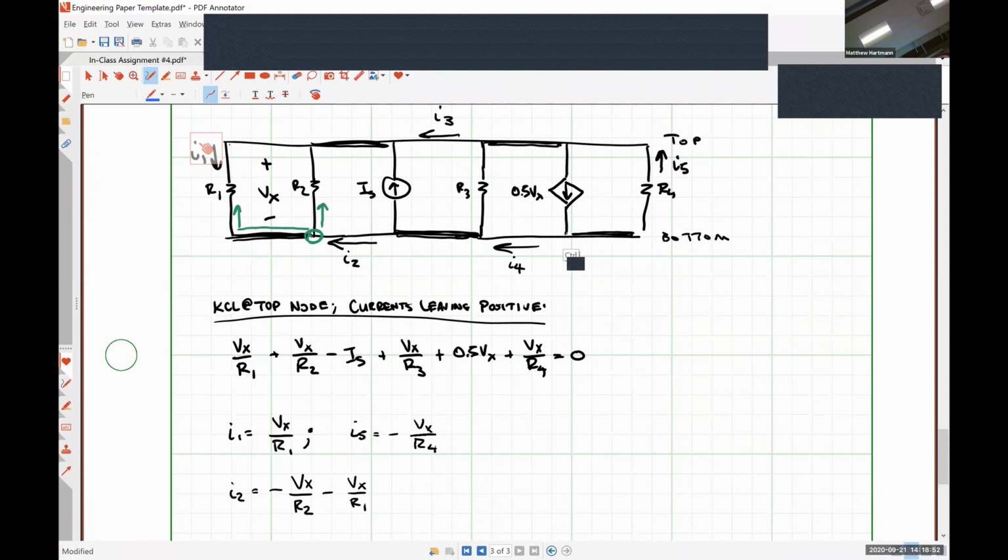So there are multiple nodes or subnodes that we could do this at. And what I mean by that is we could do it here.